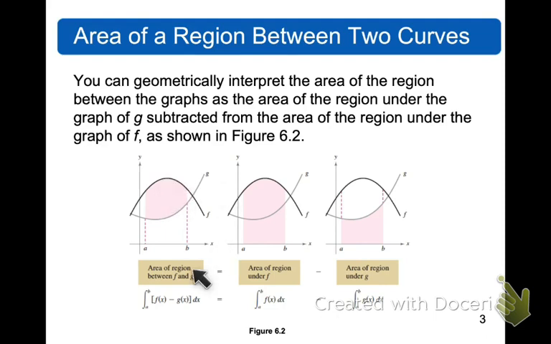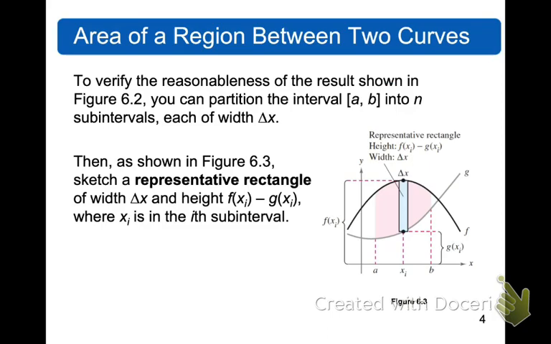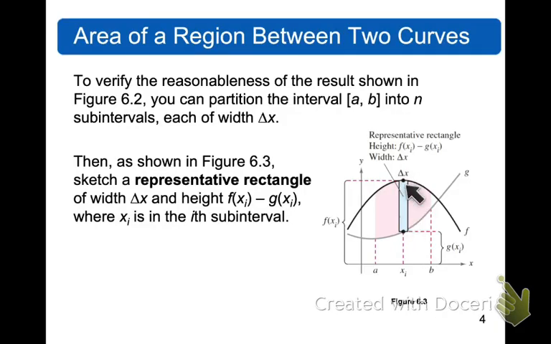So that's what we mean with the integral from a to b of the upper minus the lower. I'm talking about the upper curve minus the lower curve. A lot of times we'll use a representative rectangle, where we take that top minus the bottom.